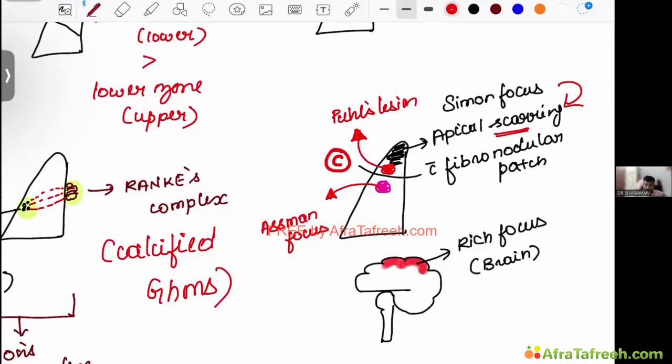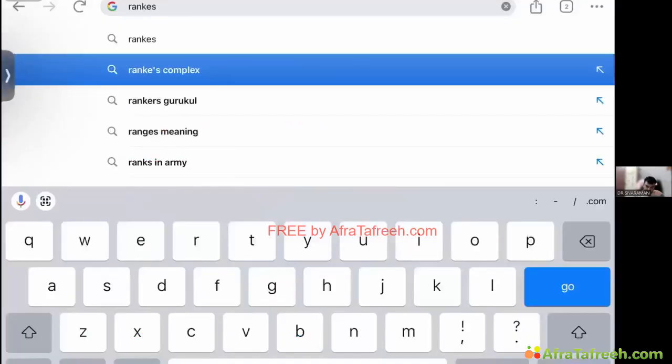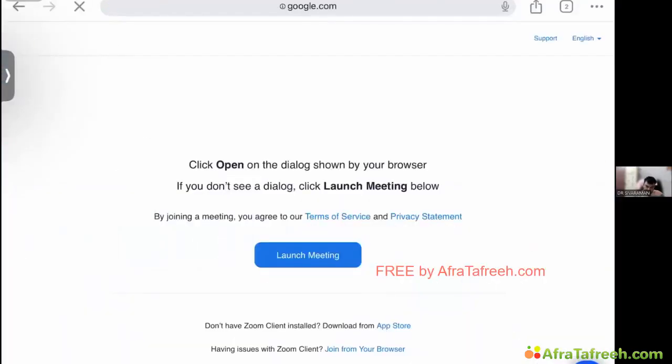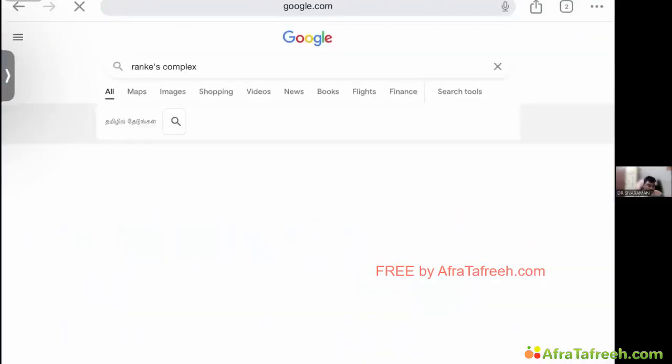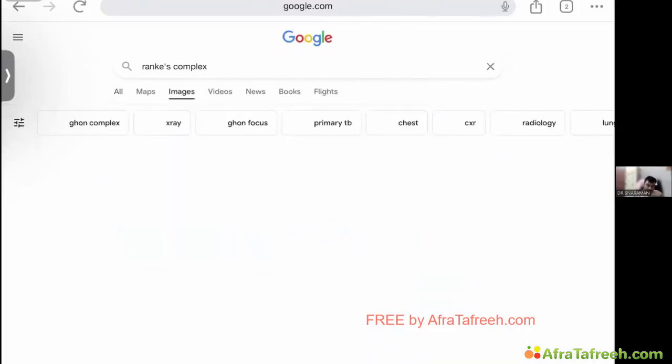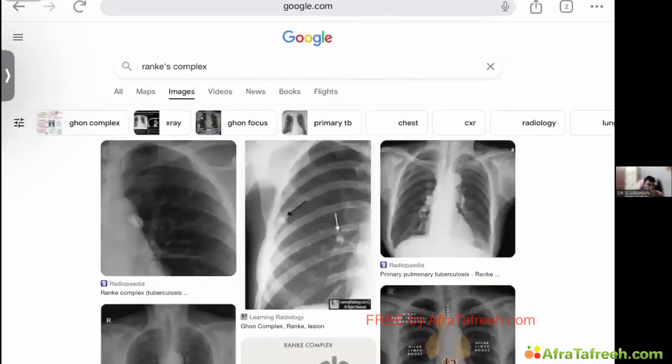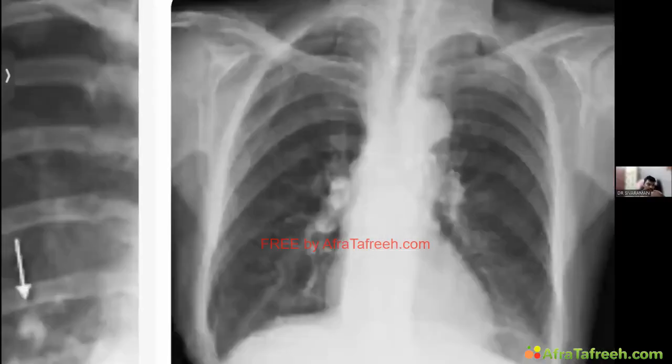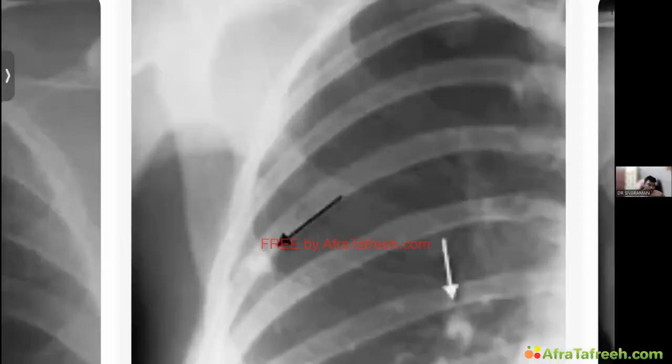Okay? Yes. Okay, I will show you a picture here, how this looks. This is calcified. What is this called then? Whenever it is calcified, what is this one? You see calcified. The subpleural focus is calcified. What is this called? Ranke's complex.